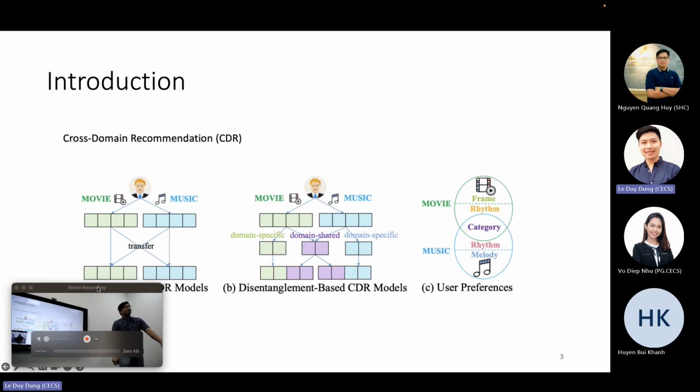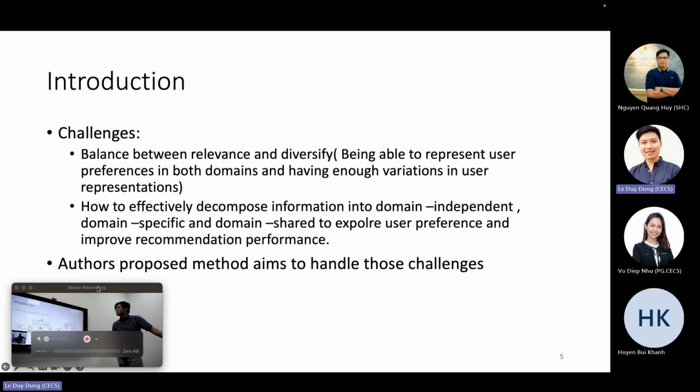But from my point of view, I have the same idea as Dr. Zhu: we add more parameters. The simple way to check is whether they compare with a model that has more parameters for the domain specific part.